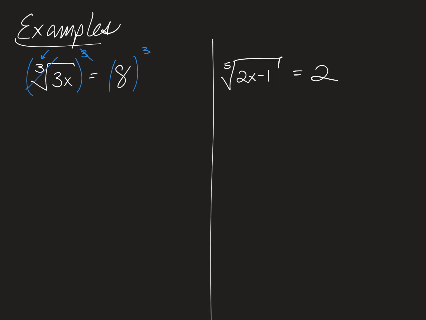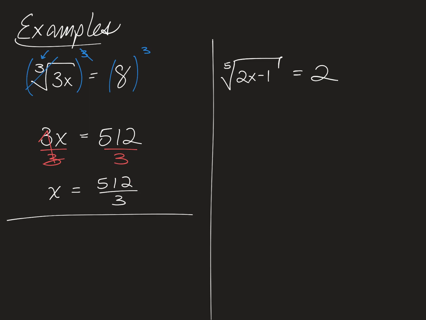Whatever number your root contains will be the exponent you use to eliminate the root. So on the left side, you're left with 3x. On the right side, 8 times 8 times 8 is 512. And lastly, here, we can divide by 3. And the 3 is reduced to 1 on the left, leaving you with x equals 512 over 3.